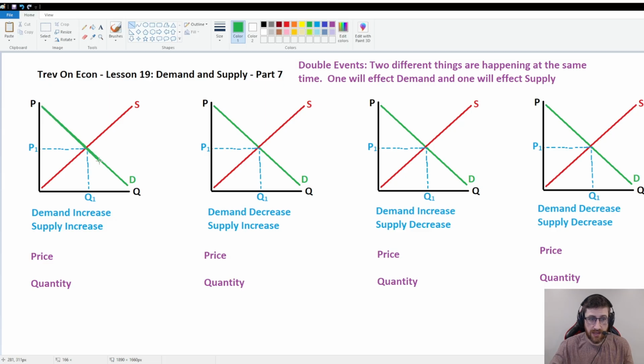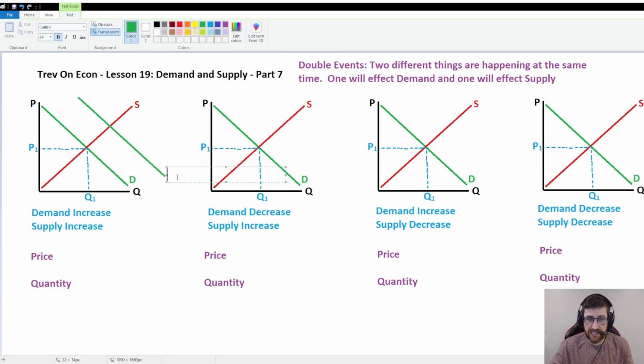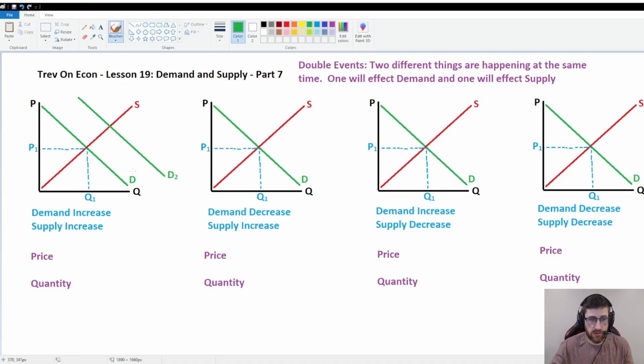So I'm going to take my demand and shift it to the right because, again, demand increase. Same thing we did last time. I'm just going to call this D2. I'm going to put an arrow. I have shifted my demand. Now note, demand and supply are crossing up here now, but this is not what we're interested in.